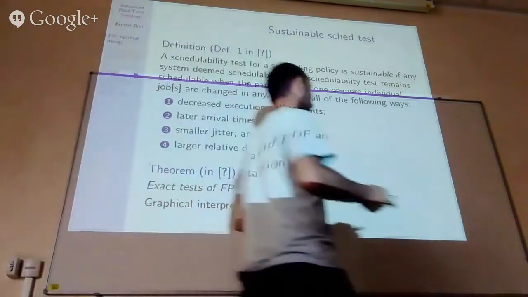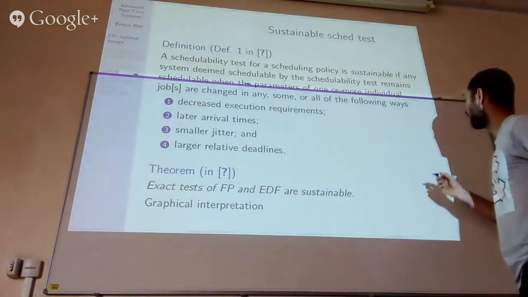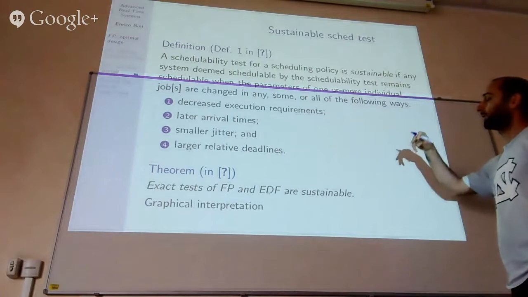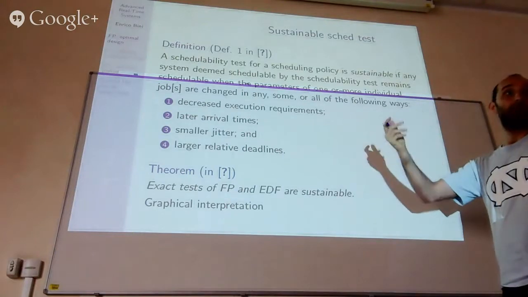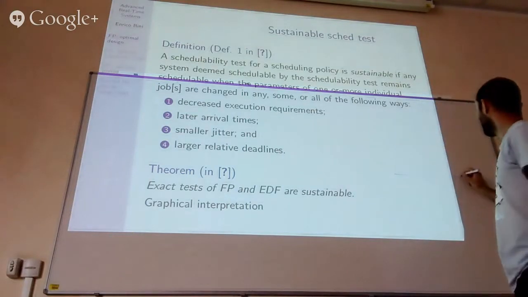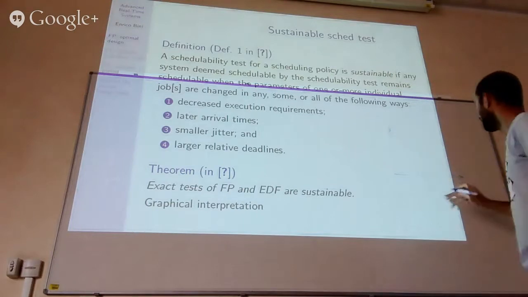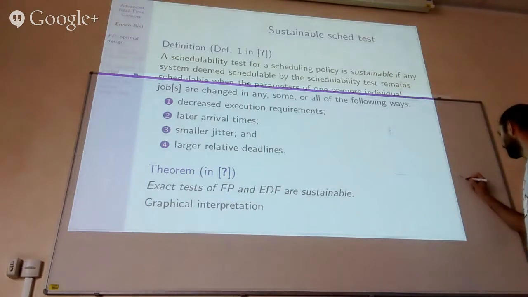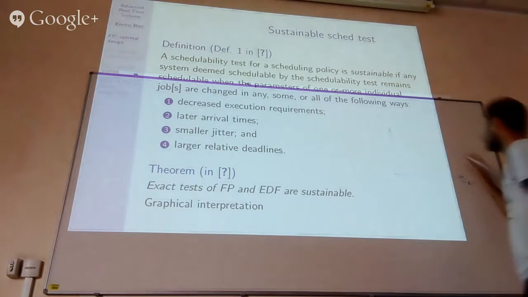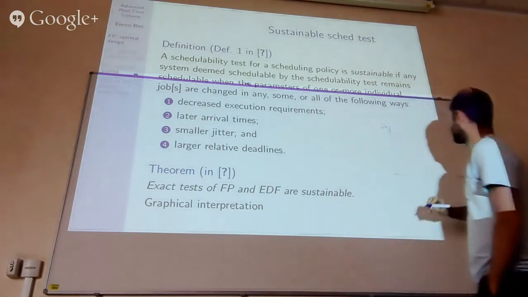What does it mean in terms of the feasibility, the schedulability region? Let's say that we have the schedulability region of computation times C1 and C2.